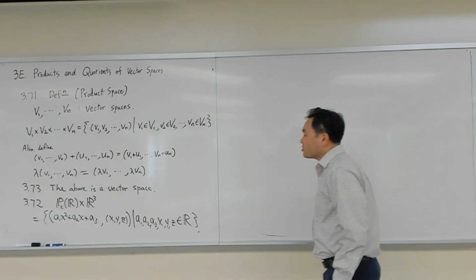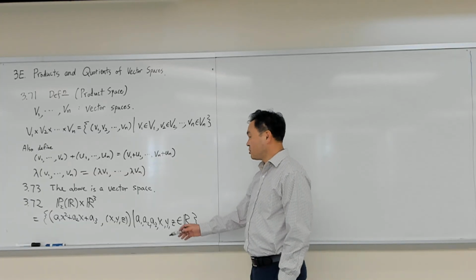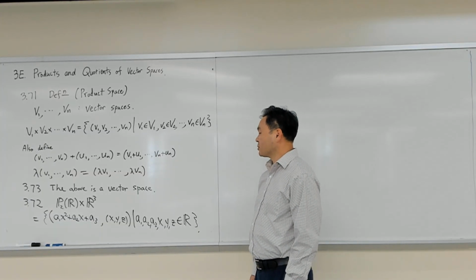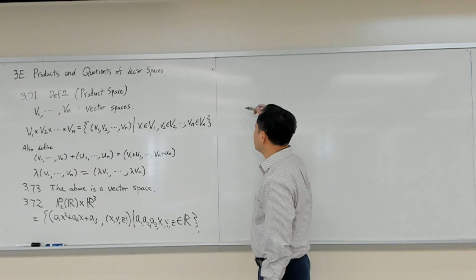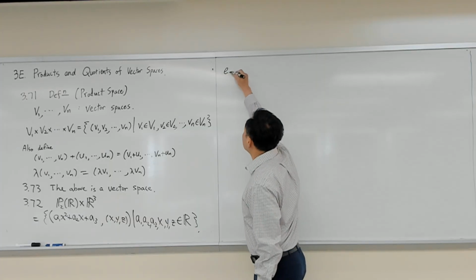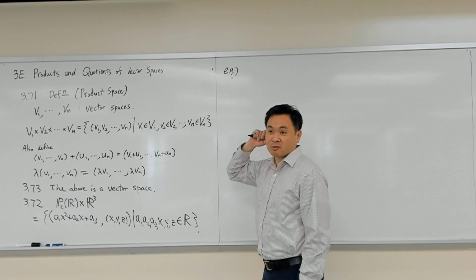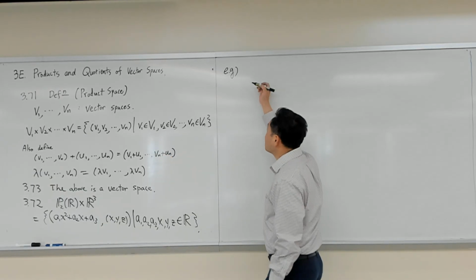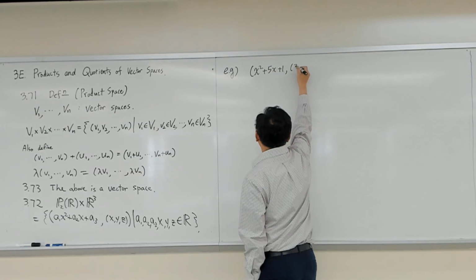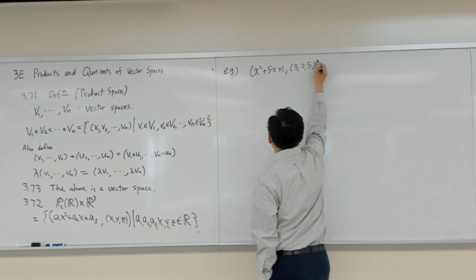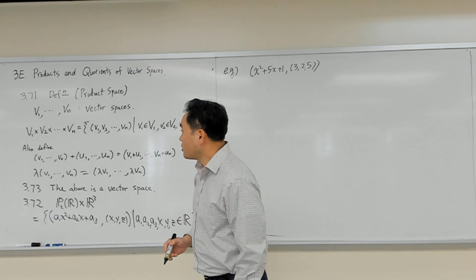So what's a specific example of such a thing? Can you come up with just one specific element that looks like this? For example, x squared plus 5x plus 1, (3, 2, 5). That's one, right?